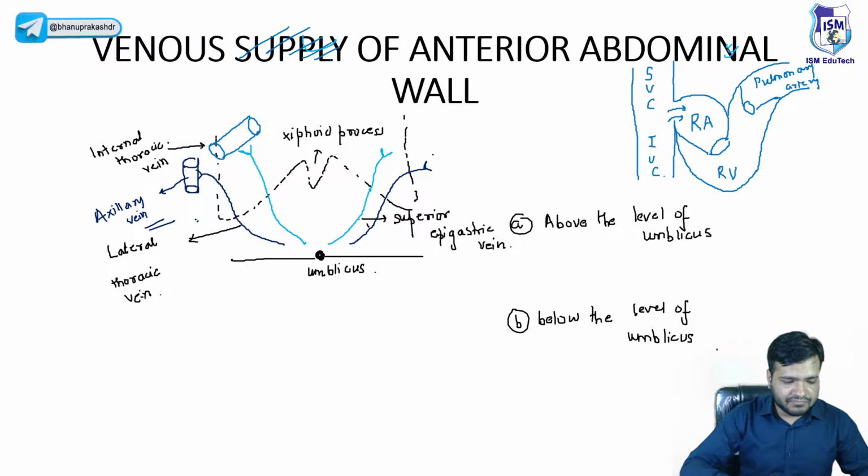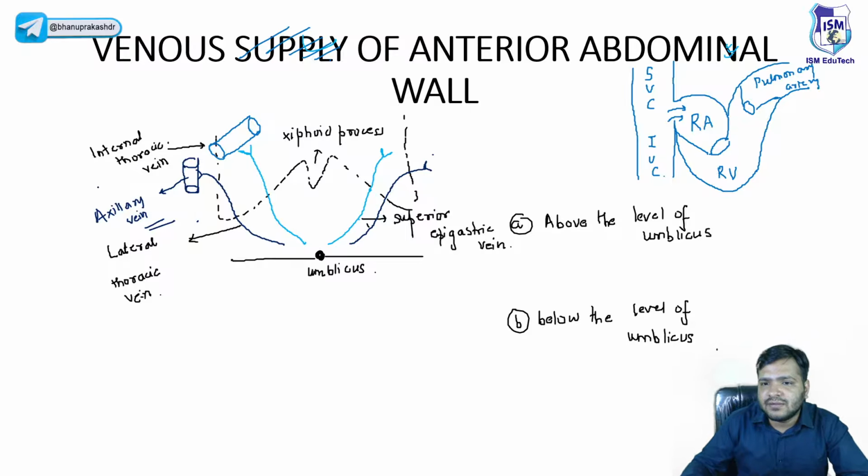And below the level of umbilicus, so above the level of umbilicus you have actually two veins, guys, right? We have the superior epigastric vein, which is draining the blood, and we have the lateral thoracic vein.